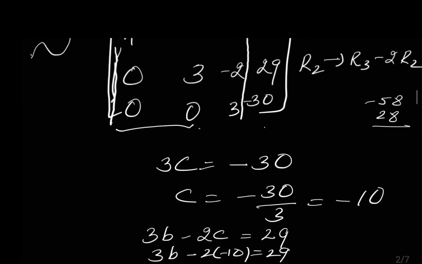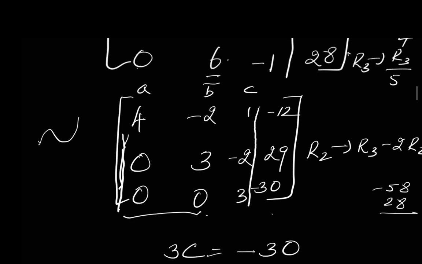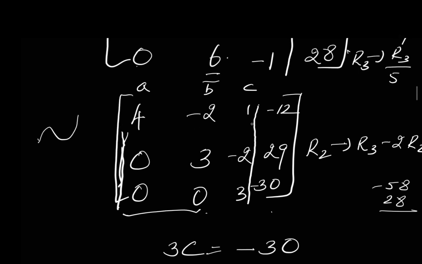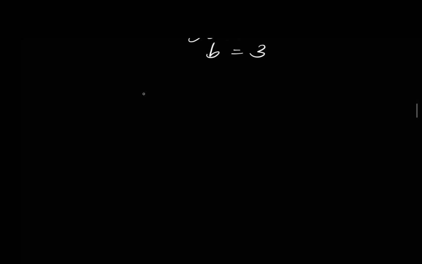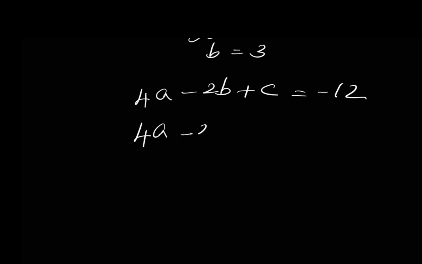And look at the first row, 4A minus 2B plus C equal to minus 12. Substitute the value. 4A minus 2 into B is 3, C is here minus 10, equal to minus 12.